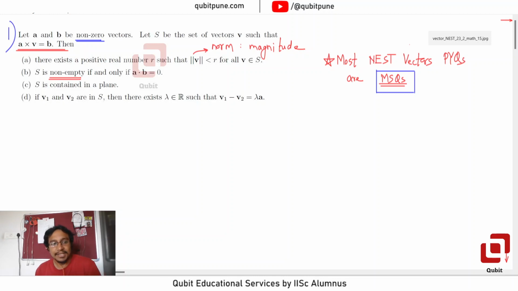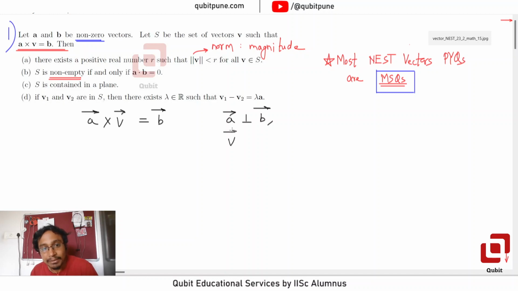Now let's try to write down the equation and see if we can make some sense out of it. A bar cross V bar is equal to B bar. Use properties of cross product. We immediately arrive at the conclusion that A bar must be perpendicular to B bar and V bar must also be perpendicular to B bar.